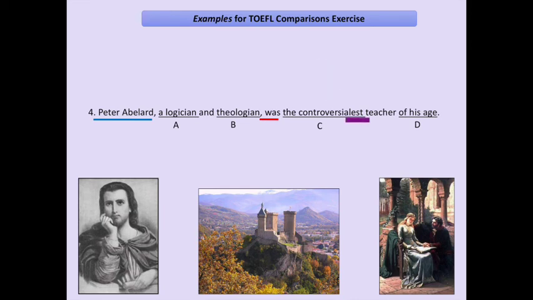Here we see the EST, which is the normal superlative ending if the word has only one syllable. But controversial is a longer adjective. It has more than one syllable. So we do not use EST. So we will circle cat because the answer here should be the most controversial.